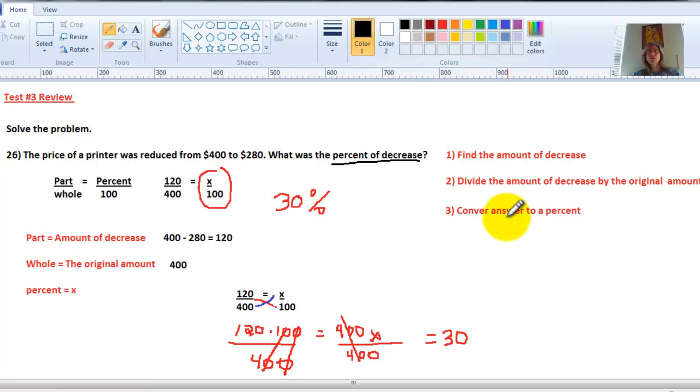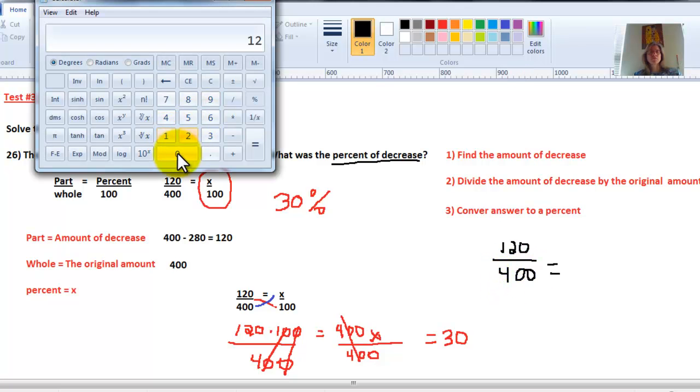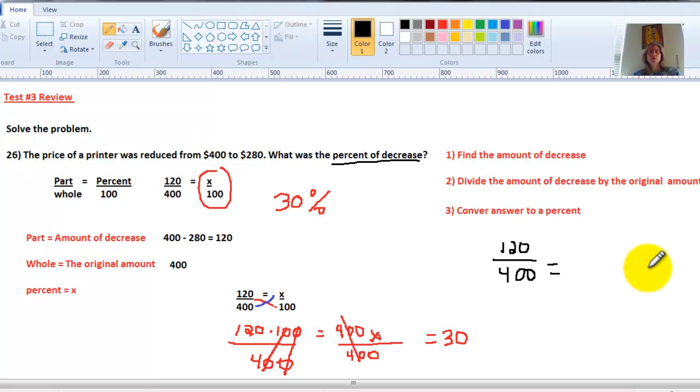Now with this problem here, we're going to take the amount of decrease, 120, we calculated that. Put it over the original amount of 400. So our answer comes out as 0.3, which is good.